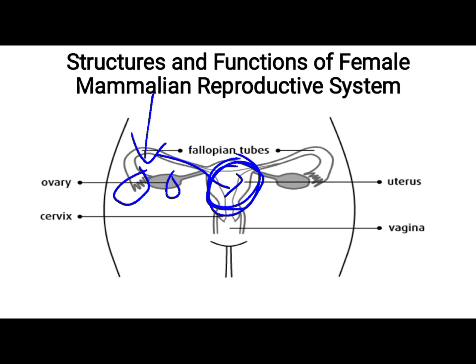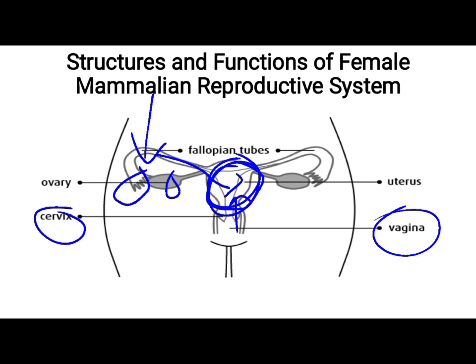Okay, so apart from that, you also have the cervix. The cervix is a ring of muscle with a tiny aperture, and it closes the lower end of the uterus where it joins the vagina. So the cervix is like an opening into the uterus, while the vagina is a muscular tube that basically leads from the uterus to the outside of the body.